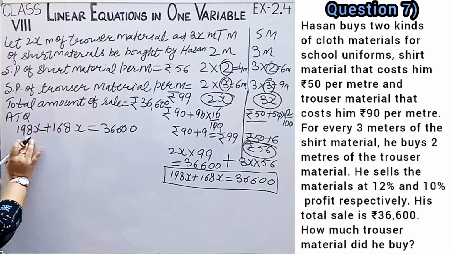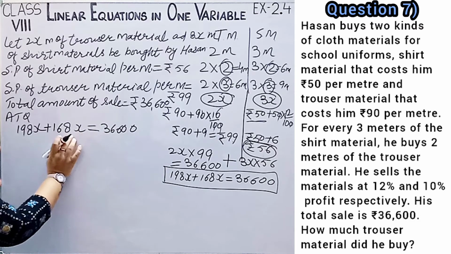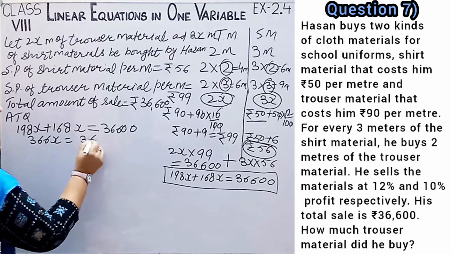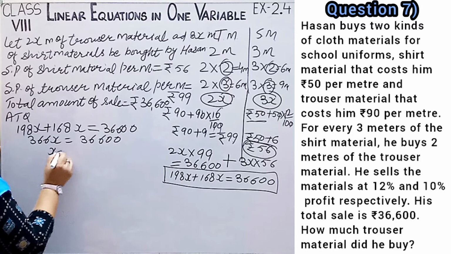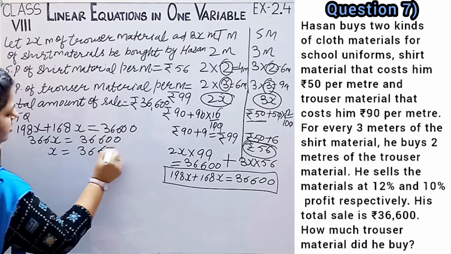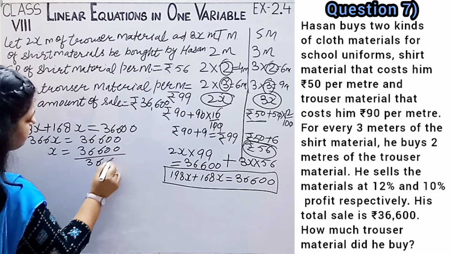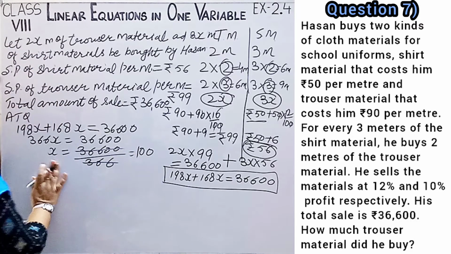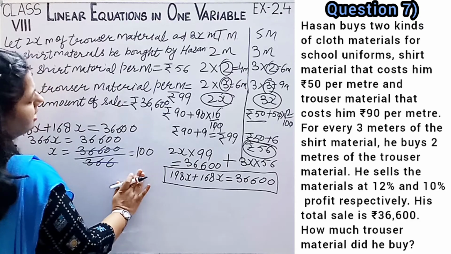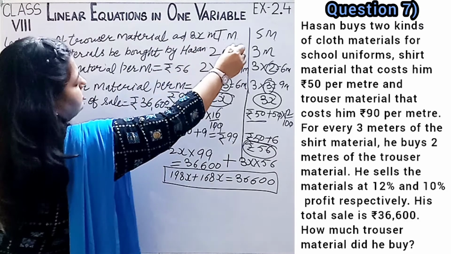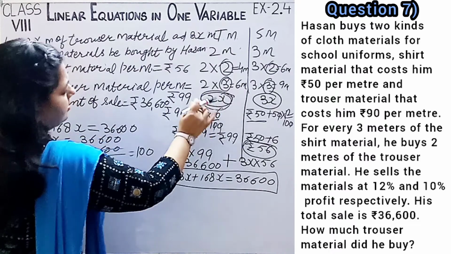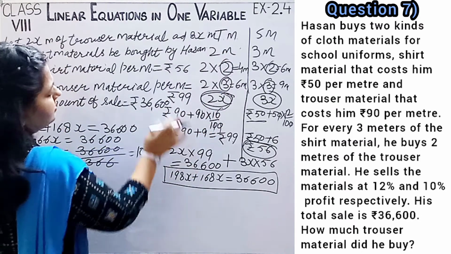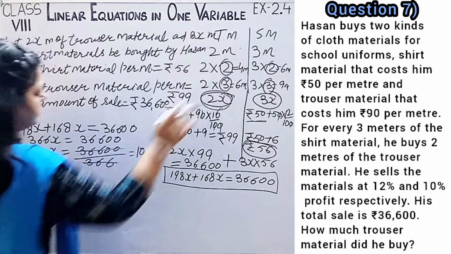Total of 198x and 168x is 366x. After transposing, we get x is equal to 36600 upon 366. Cancel out. We got 100. So x is equal to 100. Now coming to 2x, because this is given in our question and we have to find out the length of the cloth for trouser material.